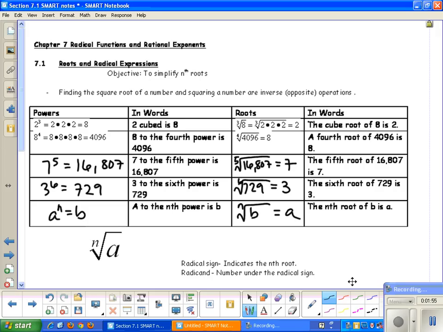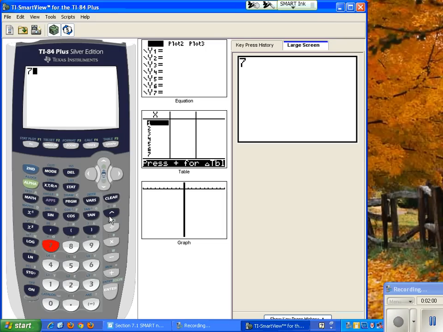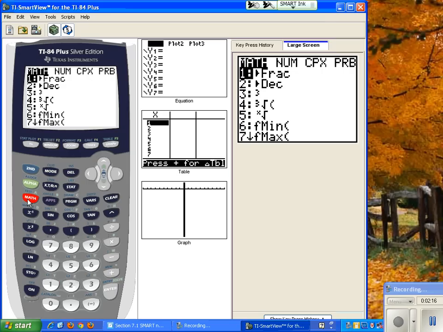Now you can also check this using your calculator. If I want to check with my calculator, I can see 7 to the fifth power is equal to 16,807. Now the way that you would do the fifth root of this is, I guess we have to put the root in first, so let me do that again.